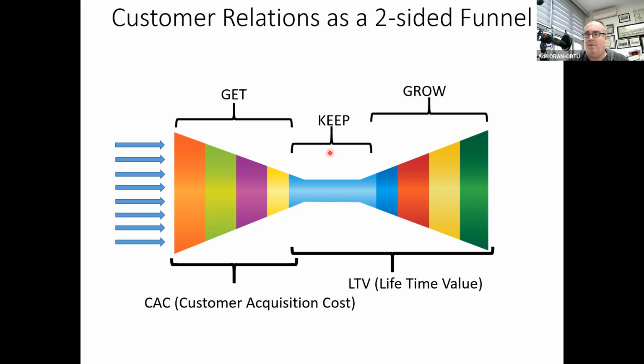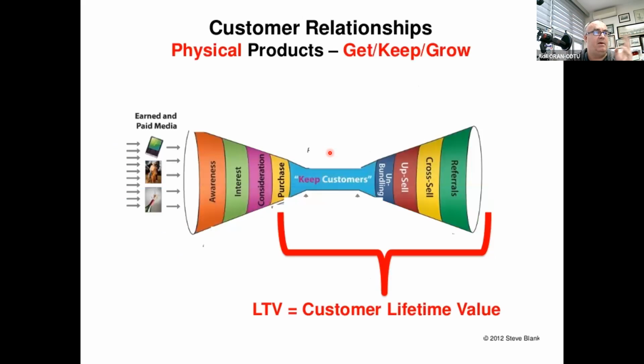So a healthy model is one where the LTV, the amount of money that that customer is going to bring to your company, is significantly higher than the acquisition cost, or how much it costs you to get that new customer. So Steve Blank, in his course and in his book, says that, with a little differences.